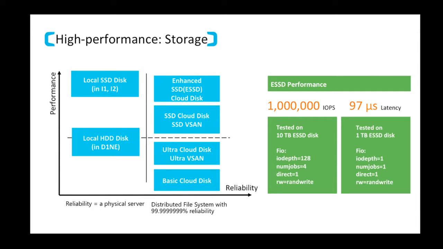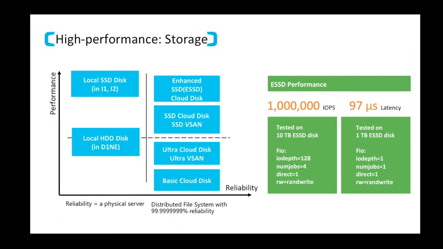Here in this slide you can find the differences among the different types of EBS and local storage. On the left side is local storage. Actually the price is lower and with higher I/O performance. It's more for I/O sensitive usage like database application.